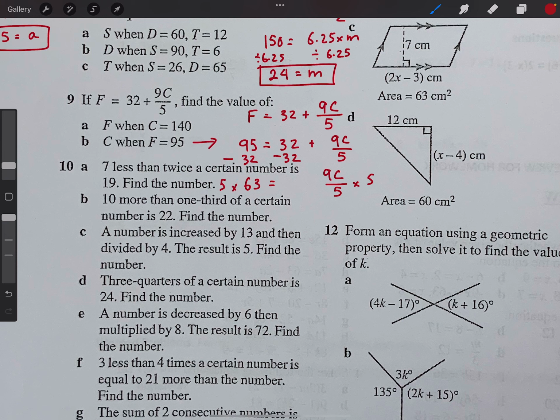So that means 63 times 5 will be 315 is equal to 9c. Now we divide both sides by 9. And that will give you c is equal to 35. There's your answer there.